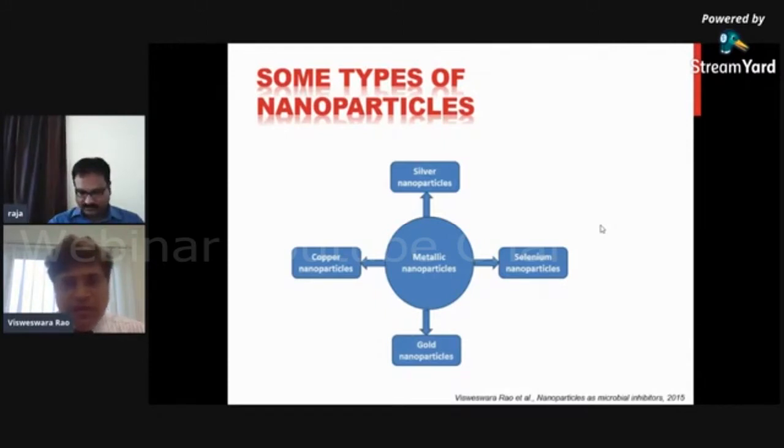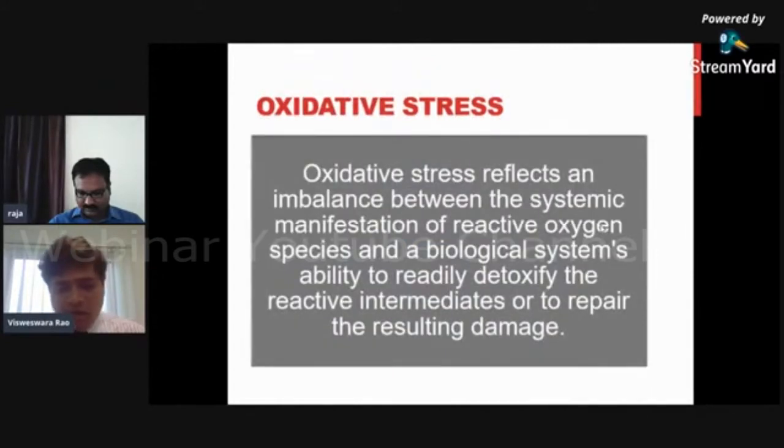You can confirm with AFM and FTIR for various functional groups, and other techniques as well, even zeta potential or particle size analyzers, to confirm the sizes and activities of the molecules. You can also check the stability of the nanoparticles at various intervals. It's up to the researcher how long they want to check. Okay, that is about nanoparticles.